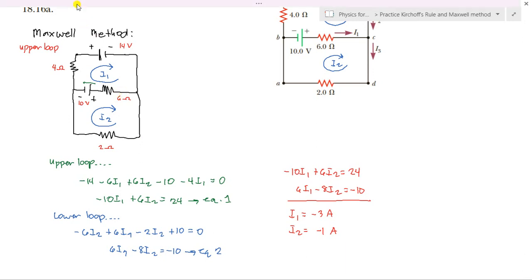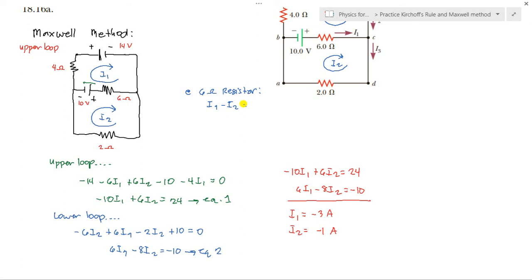At the 6 ohm resistor, the current there is the difference of I1 and I2. So that is I1 minus I2. Did you follow, class?